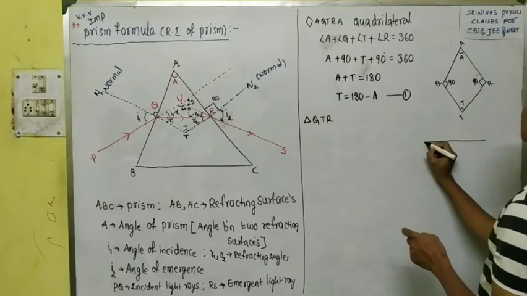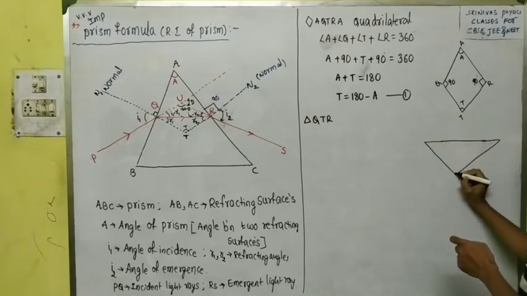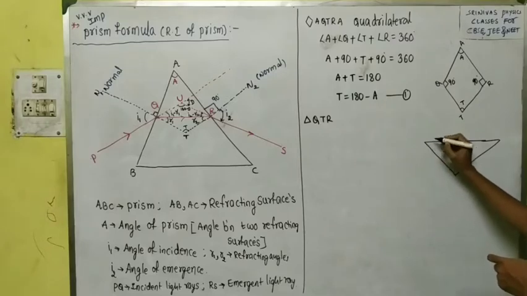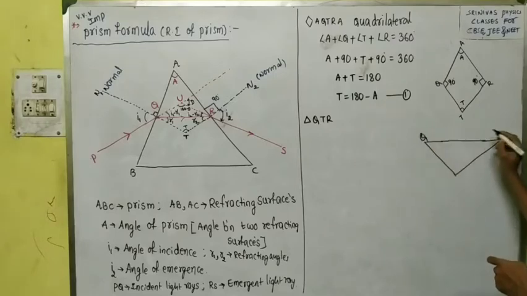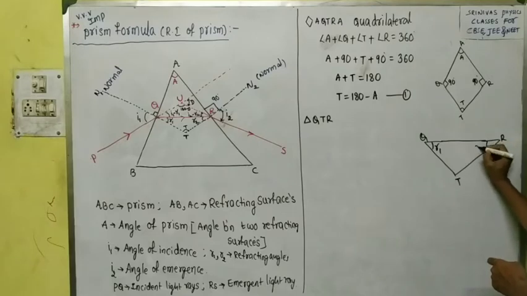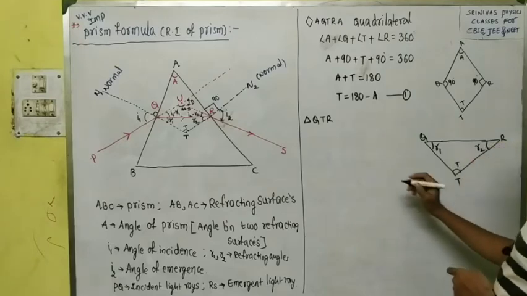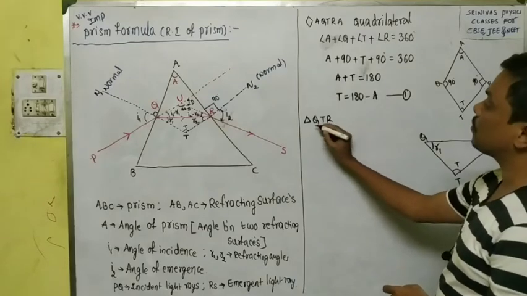If the angles are not appearing in the picture, I am drawing an enlarged diagram here. This is Q, this is R, and this is T. This angle is R1, this angle is R2, and this angle is T.